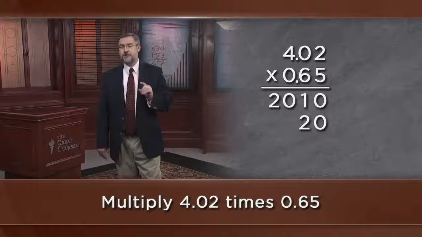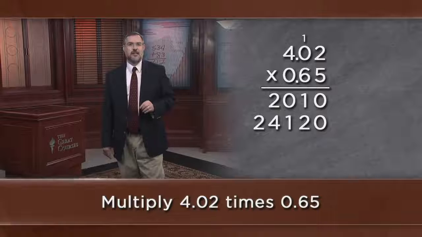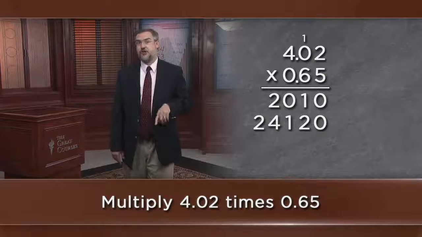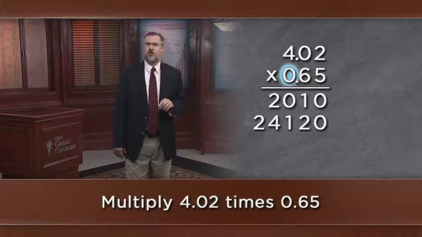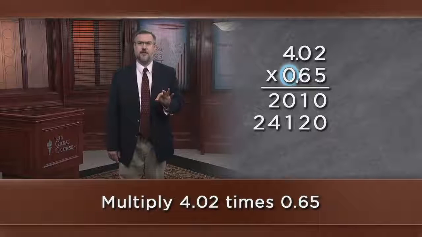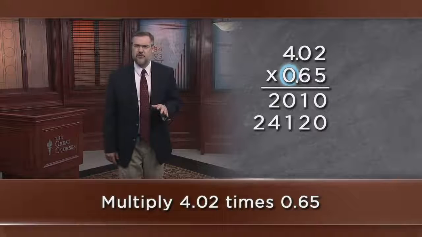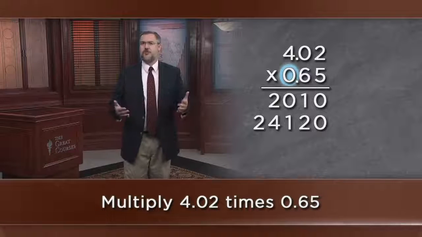Now, once we have completed that line of the answer section, we'll see that the second line is 24120. Now, what about that 0 in 0.65? That's like the third digit I should have to look at there. And if you think about it for a second, we really don't have to do anything with that 0, because 0 times any number is still going to be 0.